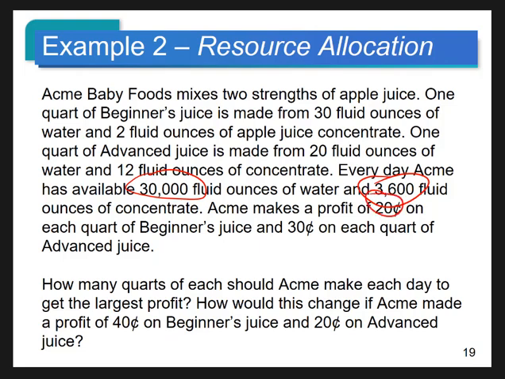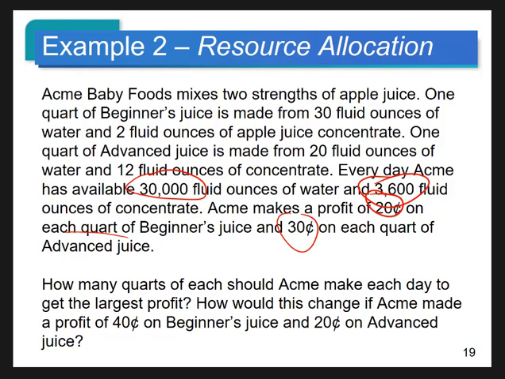Profit is 20 cents on the beginners and 30 cents on the advanced juice. How many quarts of each should Acme make each day, assuming they have unlimited production capacity in each type? How much should they make each day in order to get the largest profit?